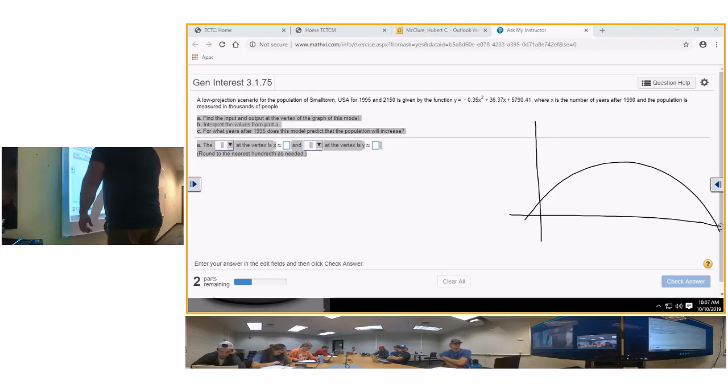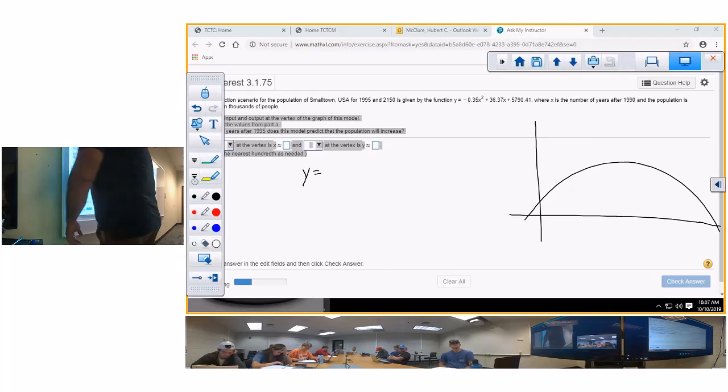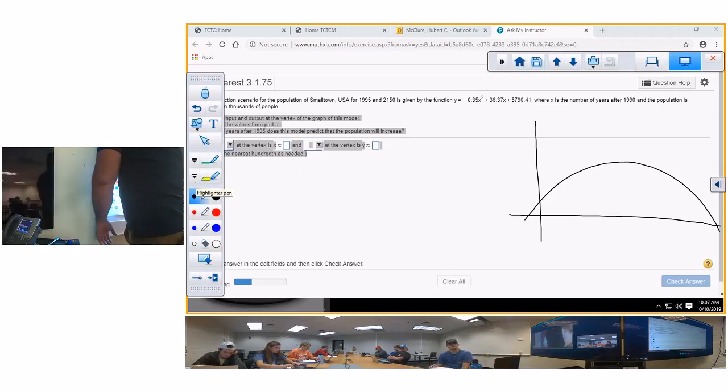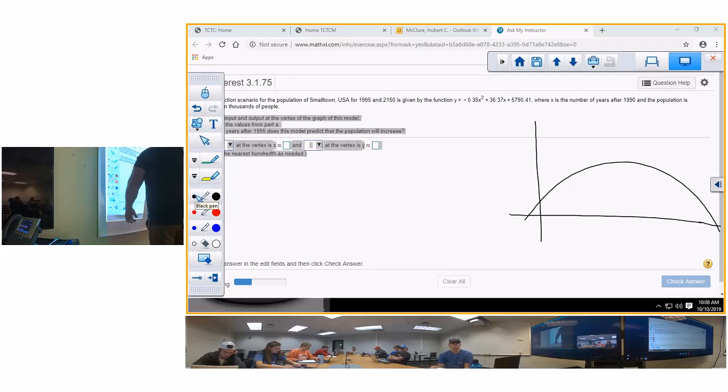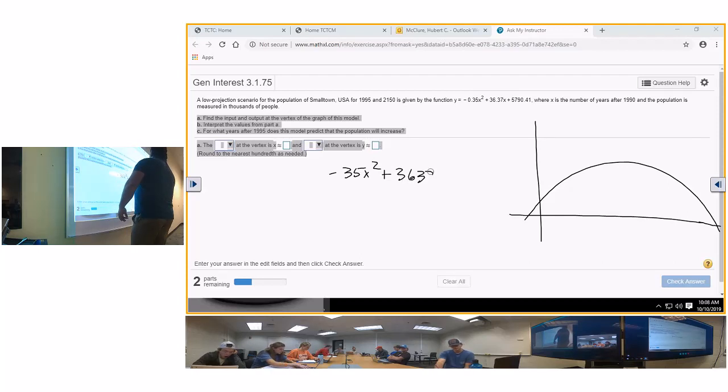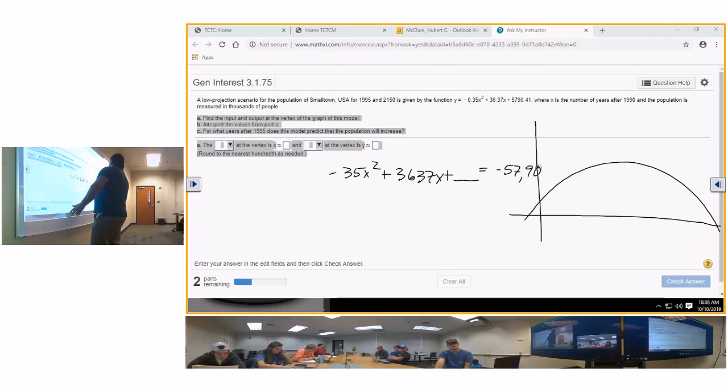So let's go with y is equal to, or I'm just going to skip a couple of steps. Let's go ahead and multiply by 100. If we multiply by 100, we're going to get negative 35 x squared plus 36,037x plus blank is equal to negative 579,041.